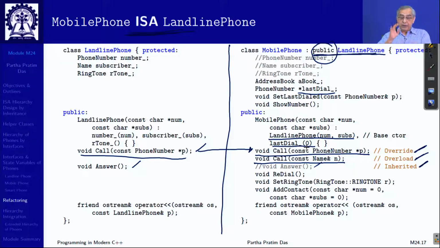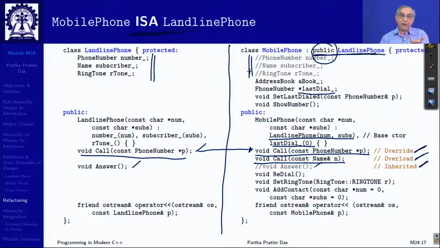And now, this is on the interface side. What do I have to do in the case of the state variable side? These 3 state variables are common. So, if I have them as a part of my base class landline phone, I will certainly not be able to redefine them.